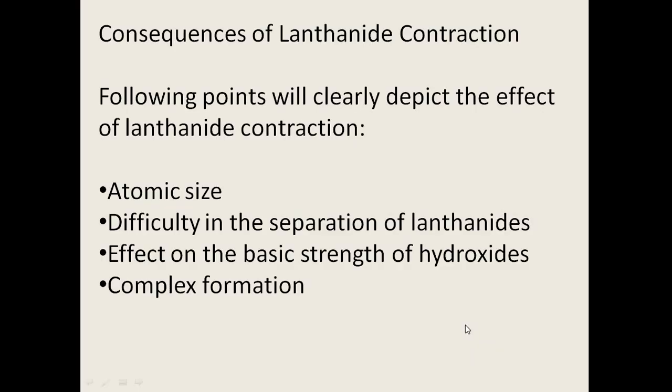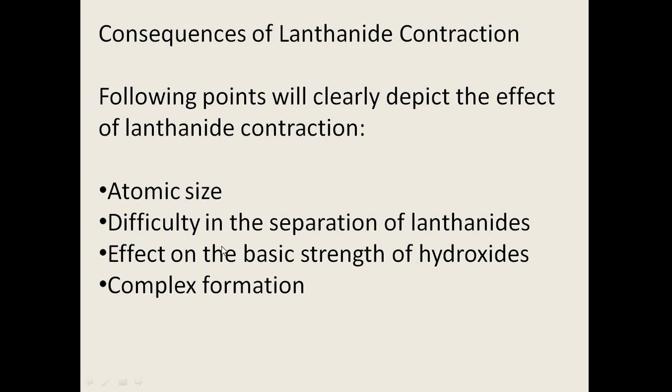Then the consequences of lanthanoid contraction. There is an effect of lanthanoid contraction on atomic size. Sizes of lanthanoids become similar. Then there is difficulty in the separation of lanthanoids, because of their similar size they are very difficult to separate out.